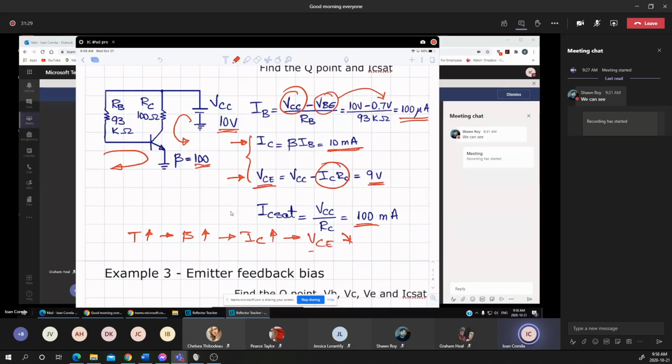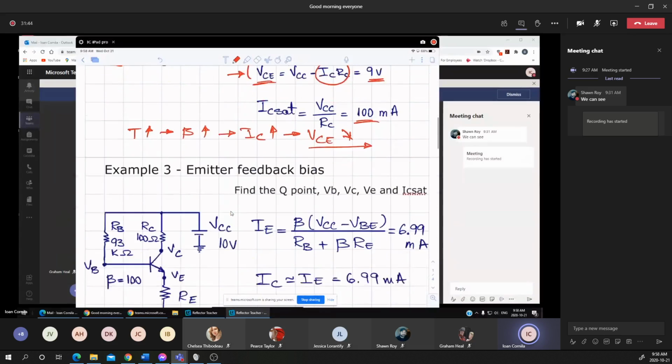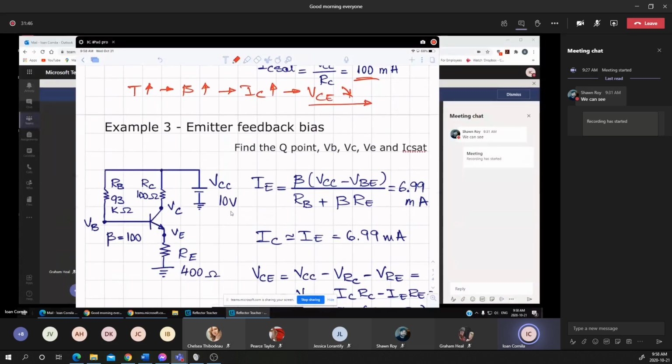That means the transistor is pushed to the saturation region. That's a disadvantage. In order to compensate for this, we add a resistor in the emitter.